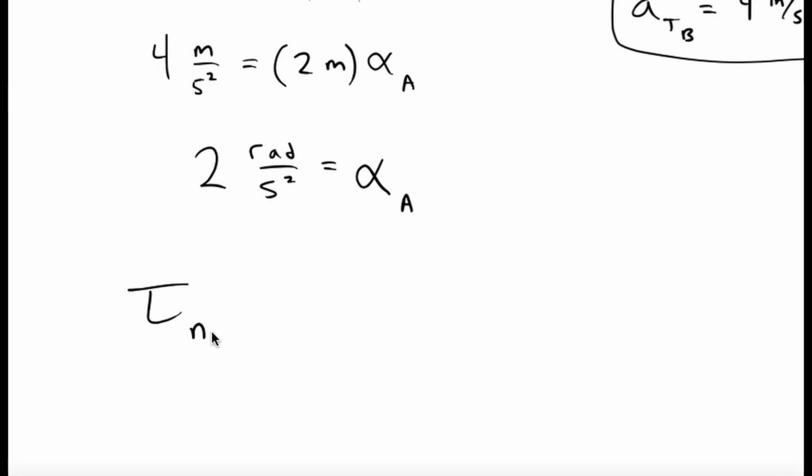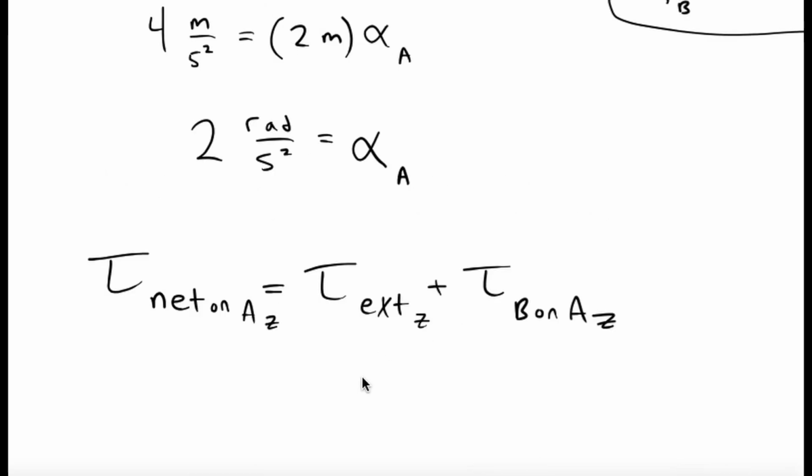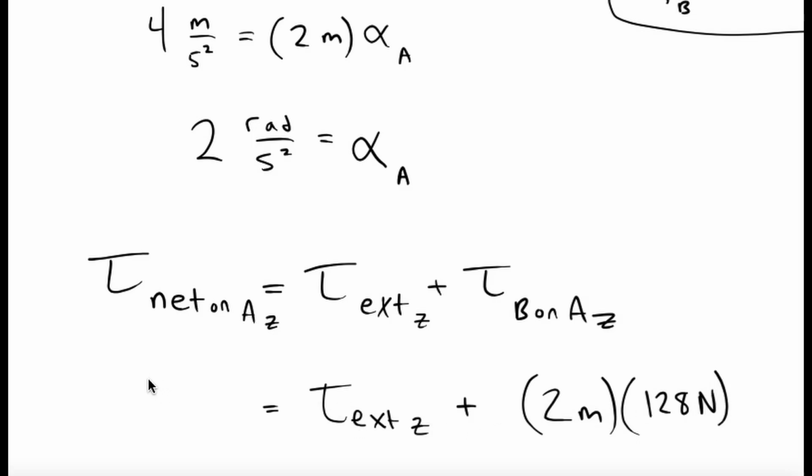First, I'll use the idea of the net torque being the external torque plus the torque of B on A. There's a force of 128 newtons with a lever arm of 2 meters pushing counterclockwise on the gear. So that's going to be the torque of B on A. For the net torque, I'm going to use I alpha.